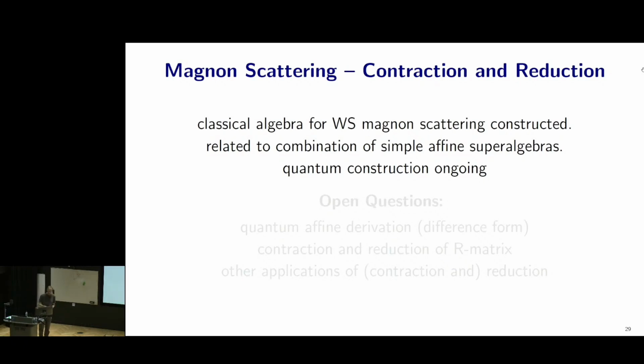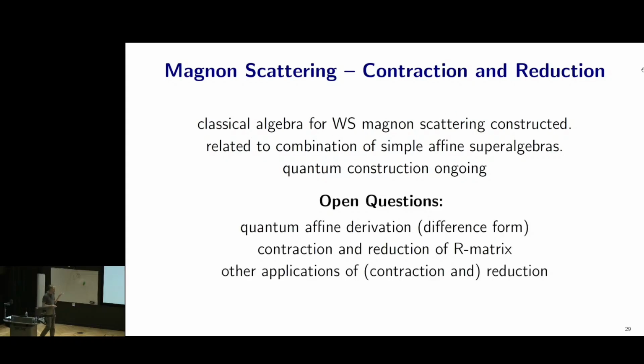For the quantum algebra, it's straightforward, but it's still very complicated combinatorially, and our quantum construction is thus ongoing. We still don't really have a full picture for this quantum affine derivation, but by investigating it further, we can maybe learn more about the non-difference form of the R matrix.